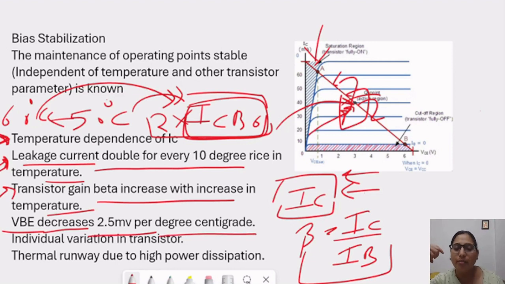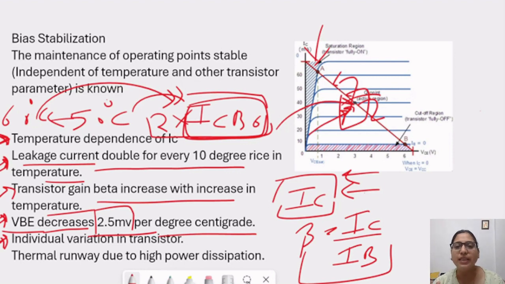When the temperature increases per degree centigrade, this VBE will decrease 2.5 millivolt. This is also a main reason from where we can get a change in collector current and the Q point will shift.